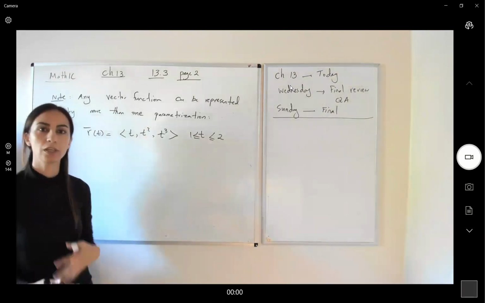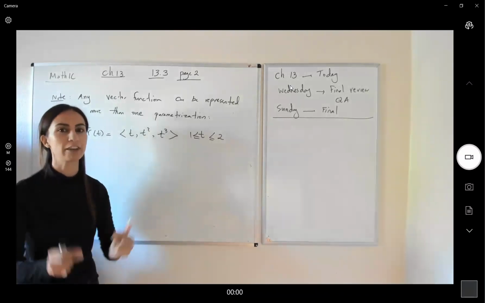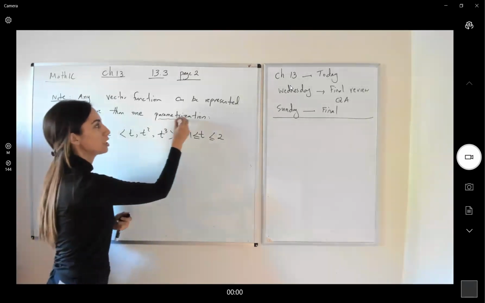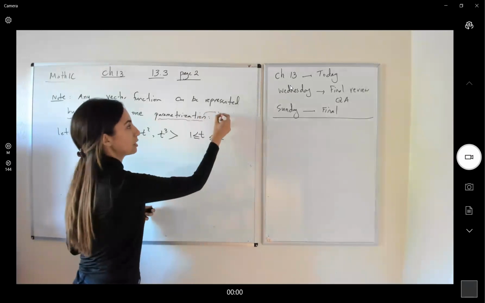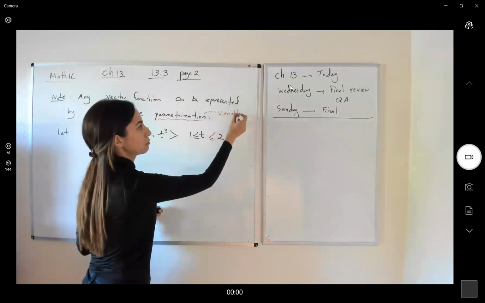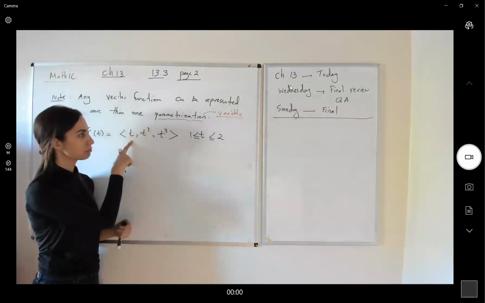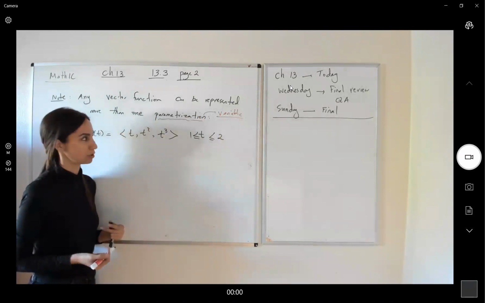Can you use a different parameter? Can you use a different variable? Remember that when you talk about parameterization, you're using a parameter or a variable. Here, I use variable t. We can use any other variable that you want.